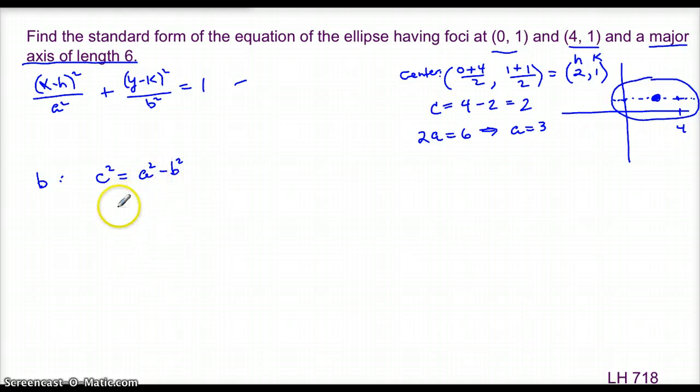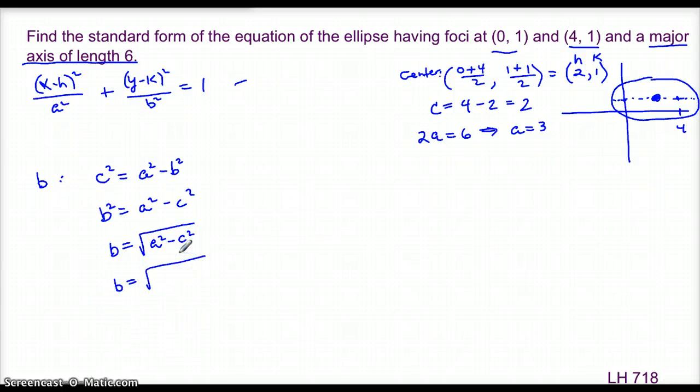If we solve that out for b, we're going to get b squared equals a squared minus c squared, and b equals the square root of a squared minus c squared. Well, we know what those are. a is 3, so a squared is 9, minus c squared, c is 2, squared is 4, so b equals the square root of 5.